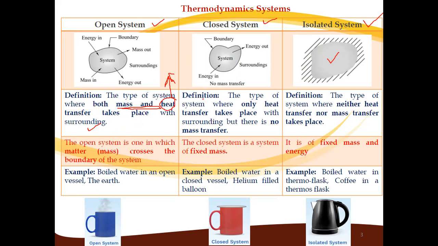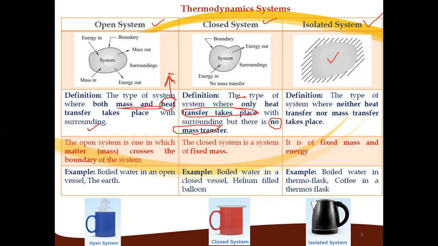In a closed system, only heat transfer, or we can say energy transfer, can take place from the system to the surrounding, but there is no mass transfer. So here both mass as well as energy transfer is there; here only energy or heat transfer is there, no mass transfer.